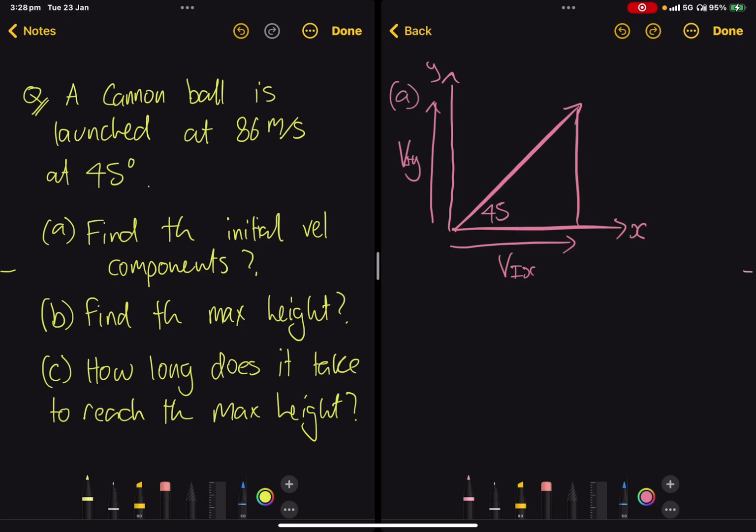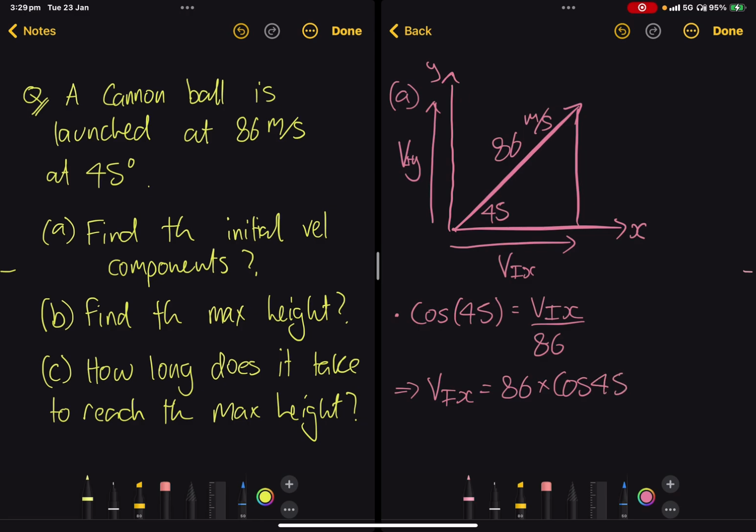So we will use the cosine rule. We'll say cosine of 45 is equal to Vix over 86, this is 86 meters a second, incidentally. This implies that the initial velocity in x is 86 times cosine of 45.